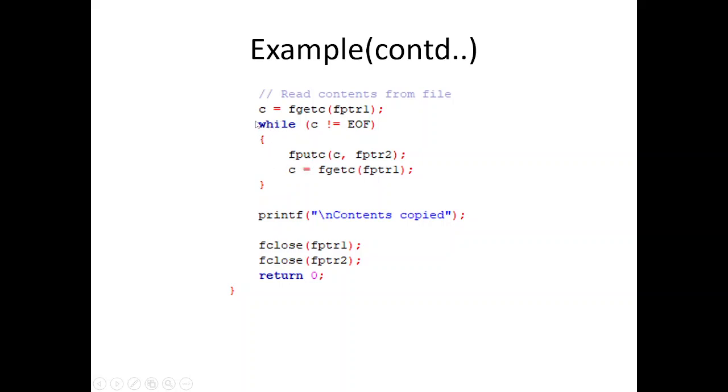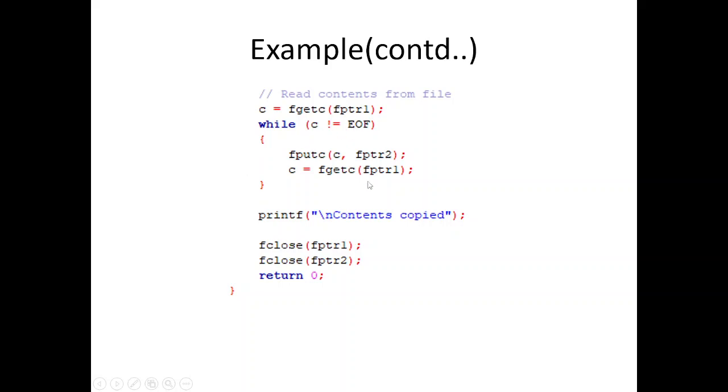We are doing it again and again, so we have enclosed the code inside a loop, that is the while loop, right? To get the character again we are going to use fgetc from the first file pointer and assign it to C. In the next iteration, it will check whether C is end of file or not.